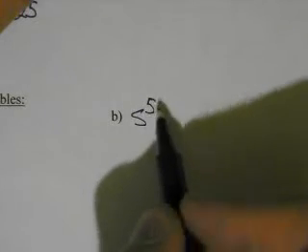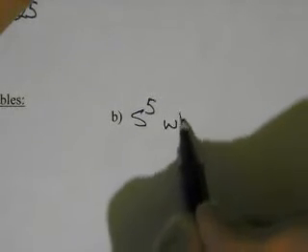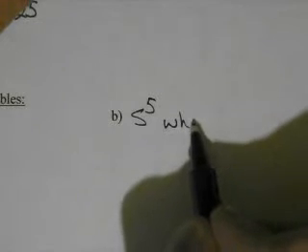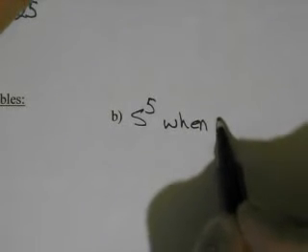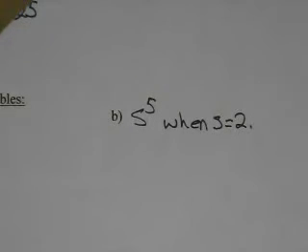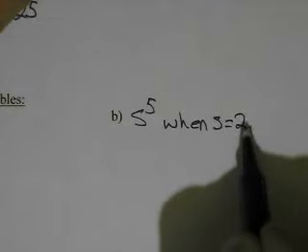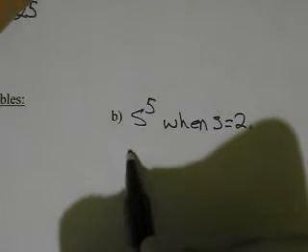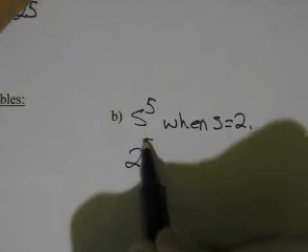How about another one? Why don't you try this, and when you're ready to continue, hit play. So this is s to the 5th when s equals 2. Hopefully you substituted in 2 for s. The exponent is 5.